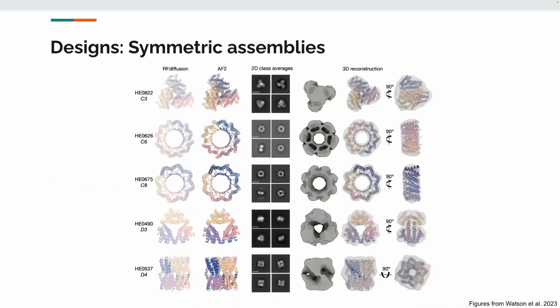So here, I'm going to go through a few different types of designs in their RF diffusion paper. The first one are these symmetric assemblies that they created. Their goal was to explicitly make symmetric protein assemblies, and they generated 5 different ones that I'm showing here. Their predicted structures are in this first column.